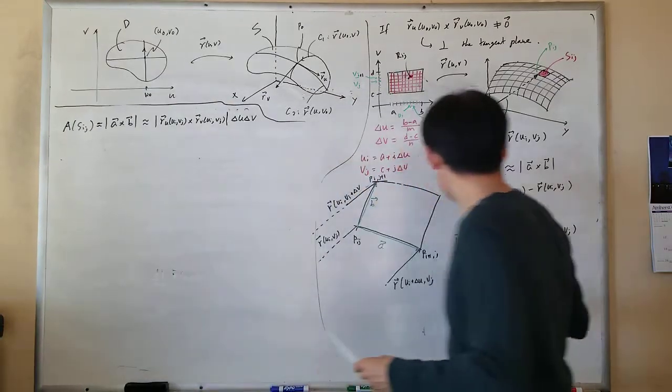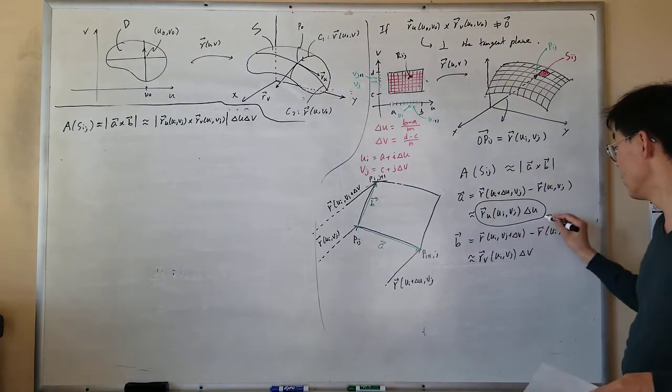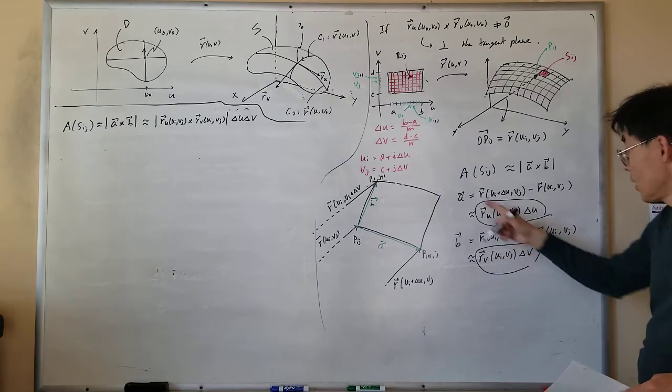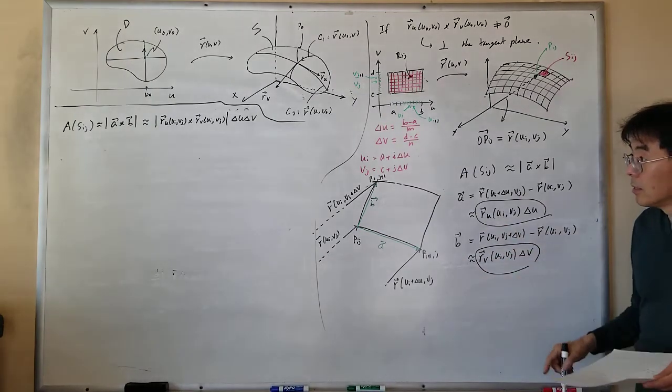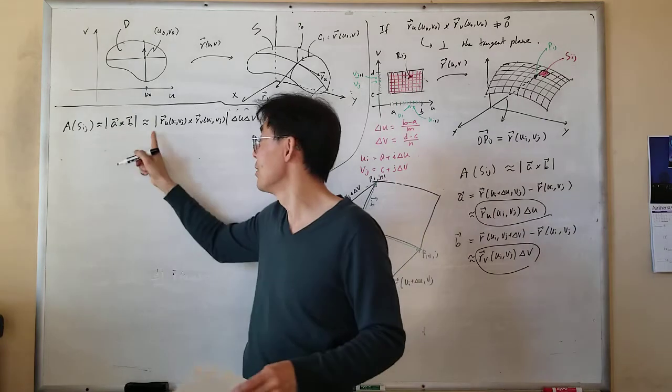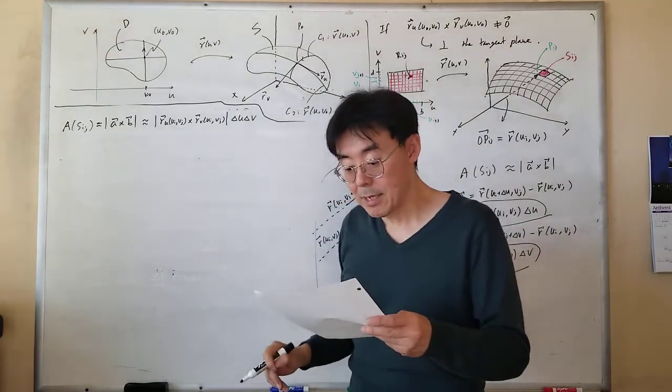When you take the cross product of this one and this one instead of A and B, there are two steps of approximation.